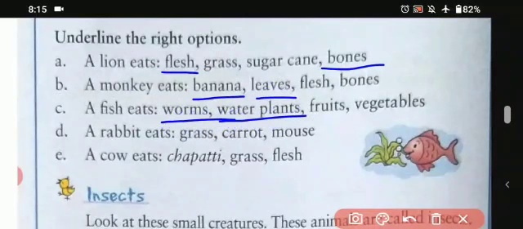There is a rabbit. What does a rabbit eat? A rabbit eats grass and carrot. A rabbit doesn't eat the mouse. And there is a cow. What does a cow eat? A cow eats chapati, that means the roti which we give to the cow, and the grass. Okay, students?